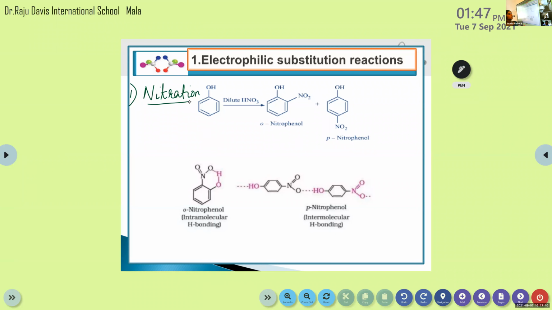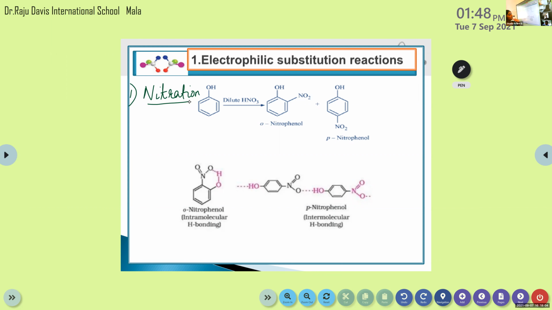Before moving to this nitration, you have to learn the things about electrophilic substitution reaction. You know that an electrophile is an electron deficient species, and they need electron rich species, right? That is electrophile, and they will always attack the position where electron density is rich.